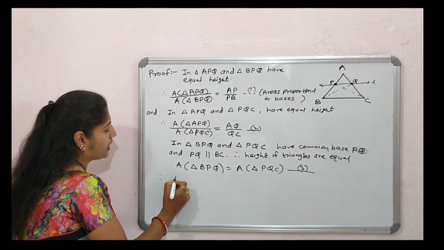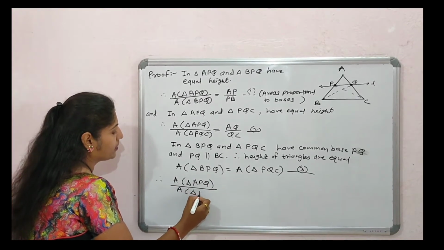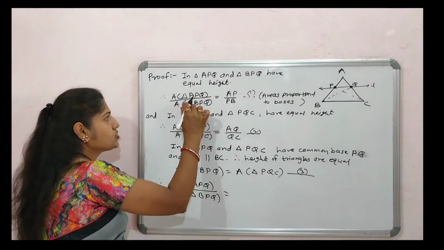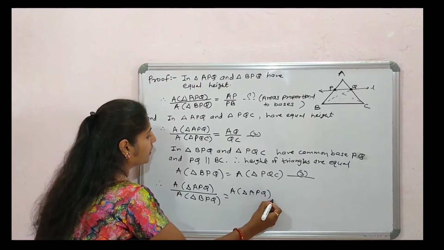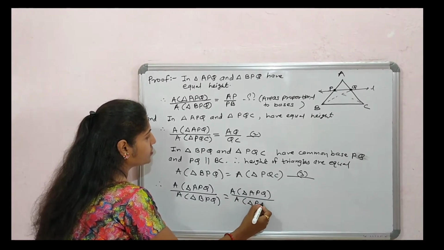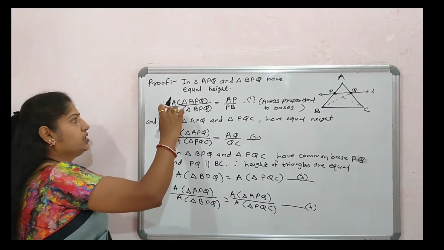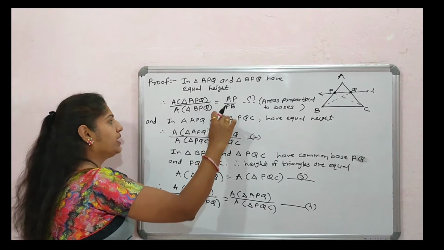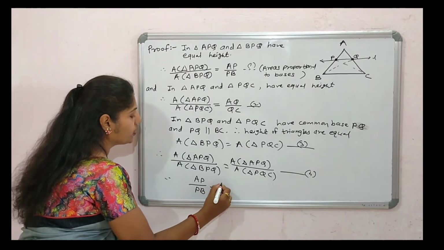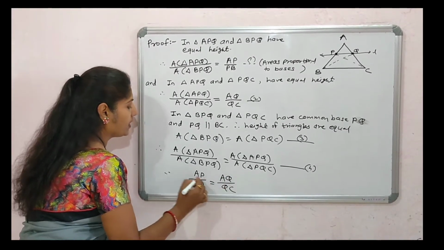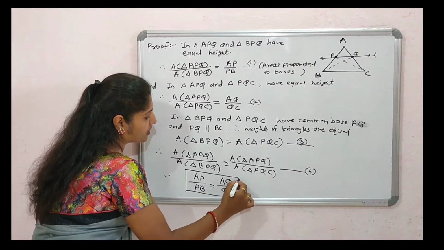So area of triangle APQ upon area of triangle BPQ equals area of triangle APQ upon area of triangle PQC, number 4. The left hand sides are equal, so the right hand sides are also equal. So AP upon PB equals AQ upon QC. And this is what we had to prove.